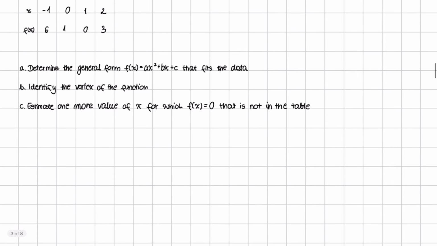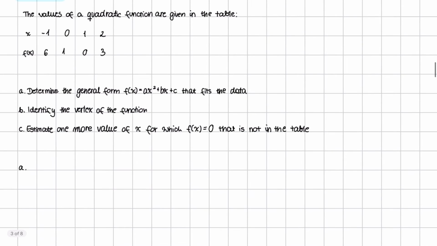the data. So in order to do this, we have to type the values of x and the values of y into our GDC, into statistics or spreadsheet, depends on the GDC that you own.